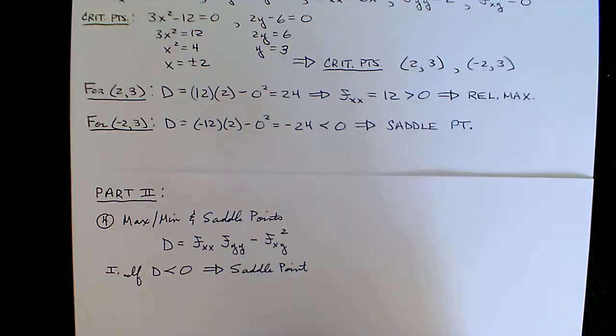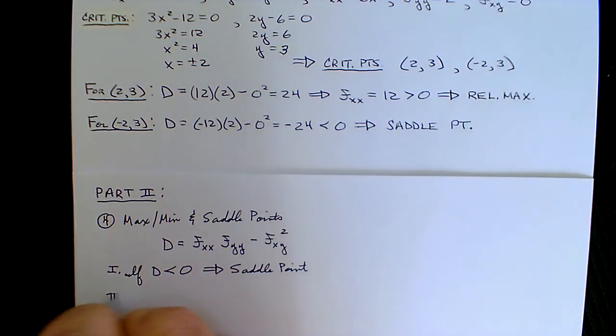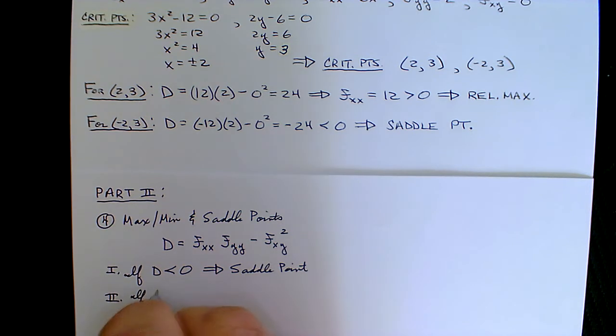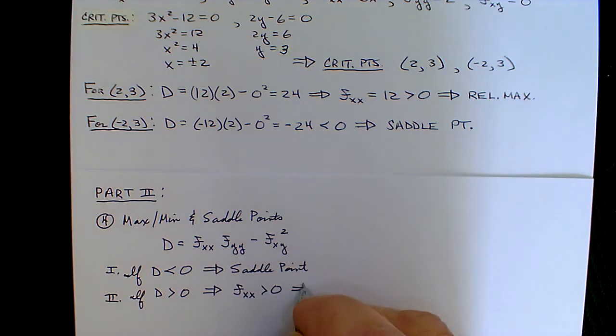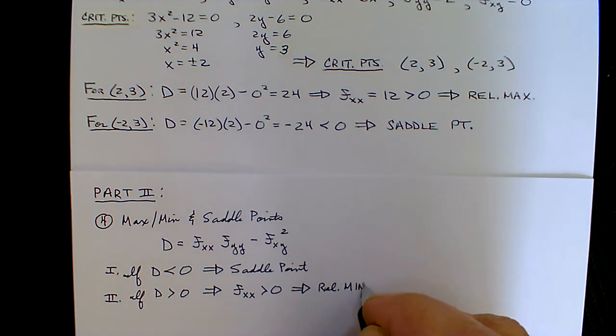And if D is greater than 0, then what you want to do is check f sub xx. And if f sub xx is greater than 0, then it's a relative minimum.